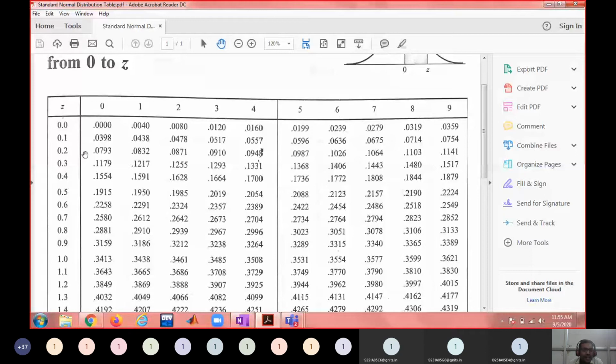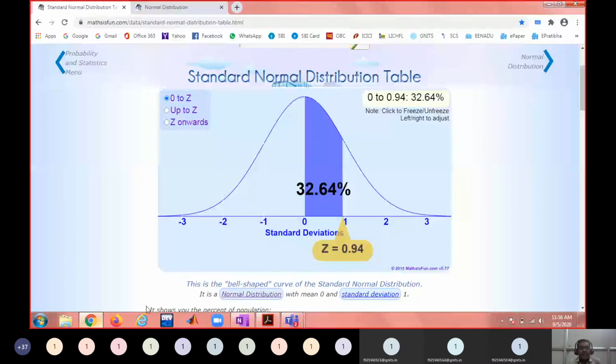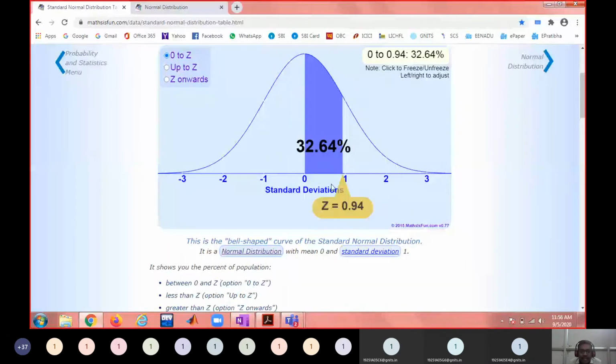How do you read it? For 0.34, 0.3 is in the column, and you look horizontally at the second decimal 4. The area between 0 and 0.34 is 0.133. For example, for z equal to 0.94, the area between 0 and 0.94 is given as 32.64%.